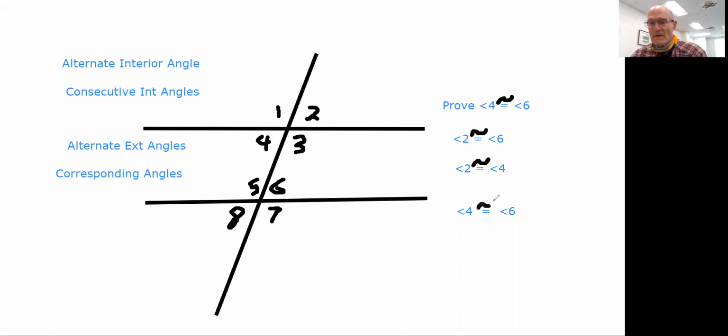I replace 2 here with what it's equal to, which is 4. So now I have proven that the alternate interior angles are congruent. The same type of procedure would be used to show that the consecutive interior angles are supplementary and that alternate exterior angles are congruent. So I'm going to erase this and show you a type of problem now that we work on.